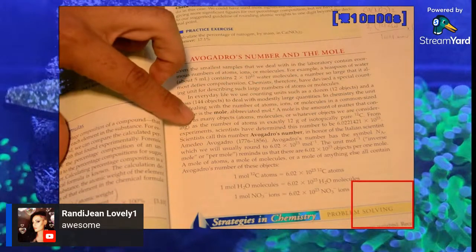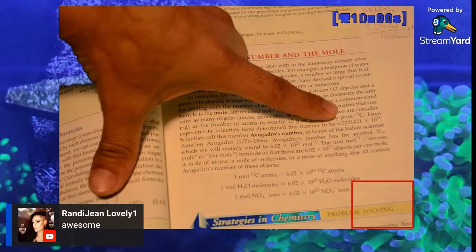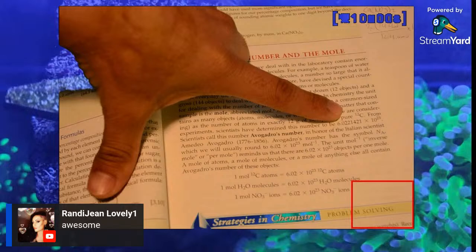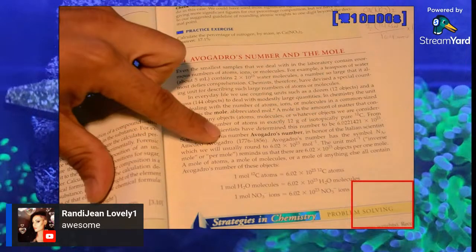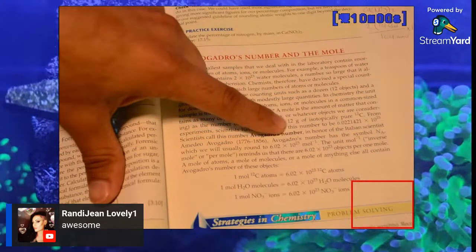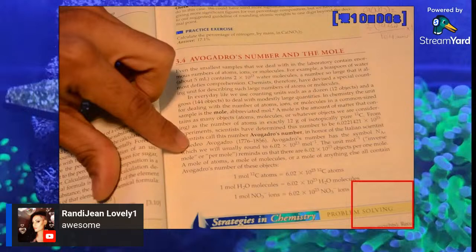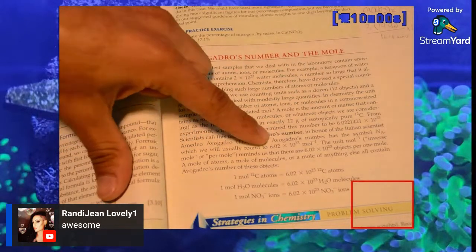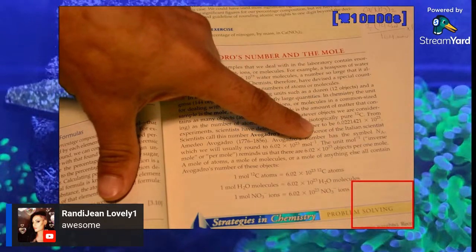From experiment, scientists have determined this number to be 6.02221 times 10 to the 23rd. Amedeo Avogadro, 1776 to 1856. Avogadro's number has the symbol N sub A, which we usually round to 6.02 times 10 to the 23 mol^-1.